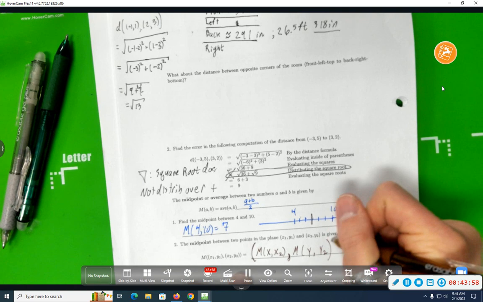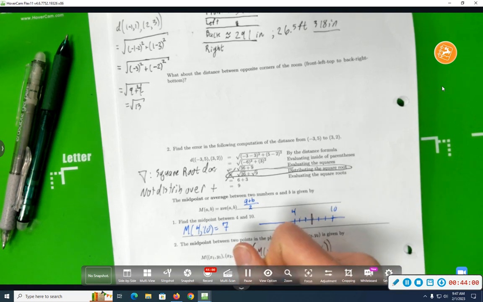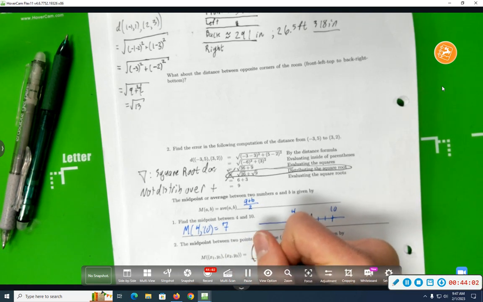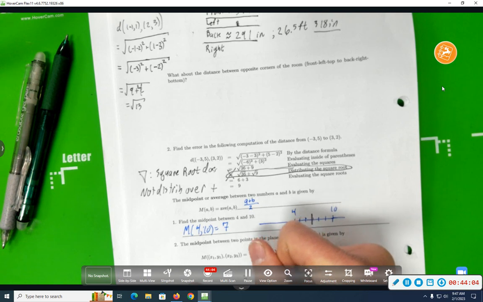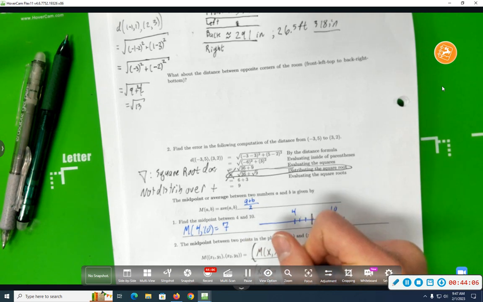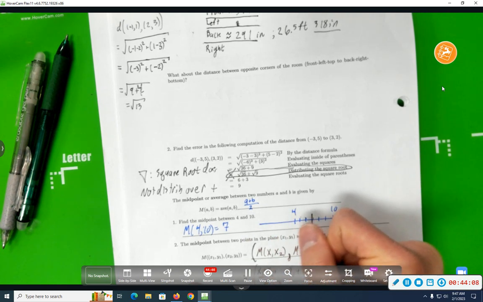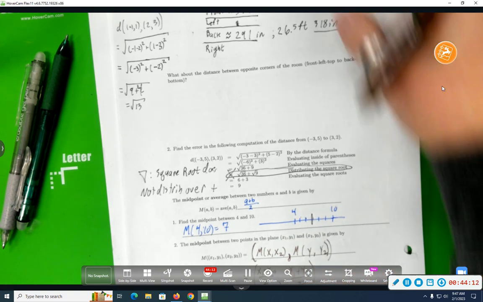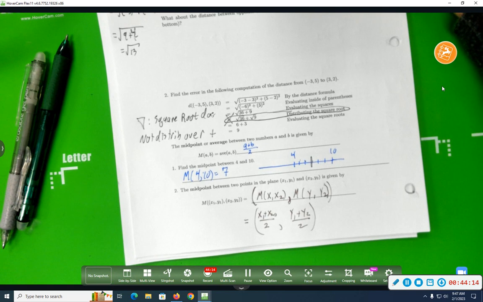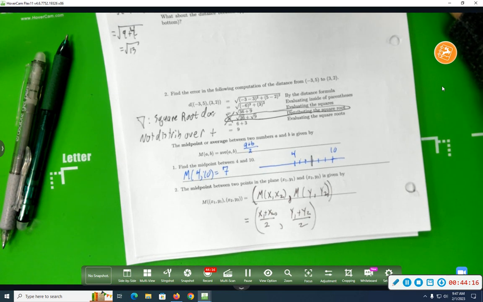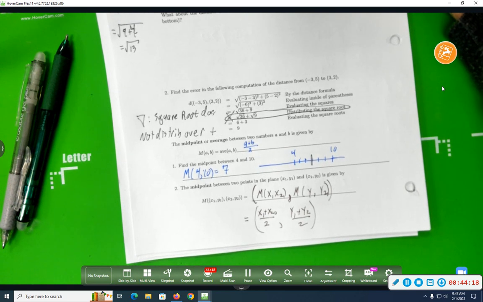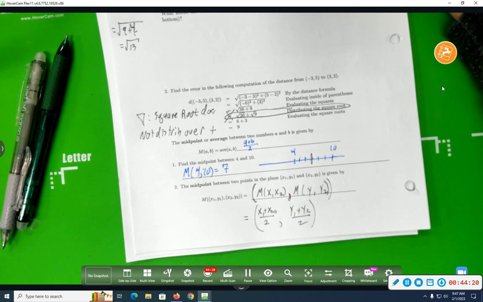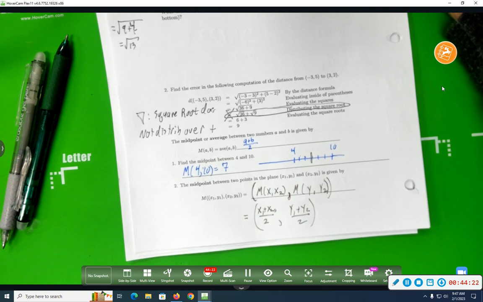And if you want to expand that out further, that is (x1 + x2)/2, comma, (y1 + y2)/2. That idea seems sensible? If you want the point exactly halfway between two given points, just take halfway between the x-coordinates and halfway between the y's.